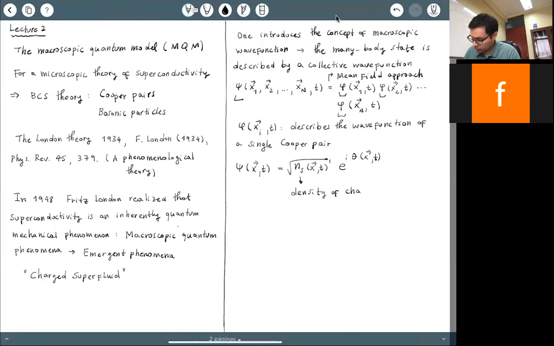Charge carriers, so Cooper pairs. And this is nothing but the concept of a superconducting phase.